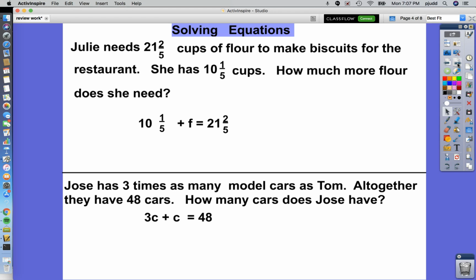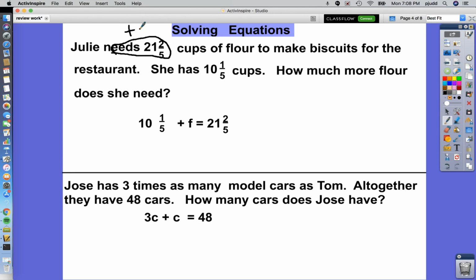And now, solving equations. Julie needs 21 2/5 cups of flour to make biscuits for the restaurant. She has 10 1/5 cups. How much more flour does she need? Well, she needs a total of 21 2/5.